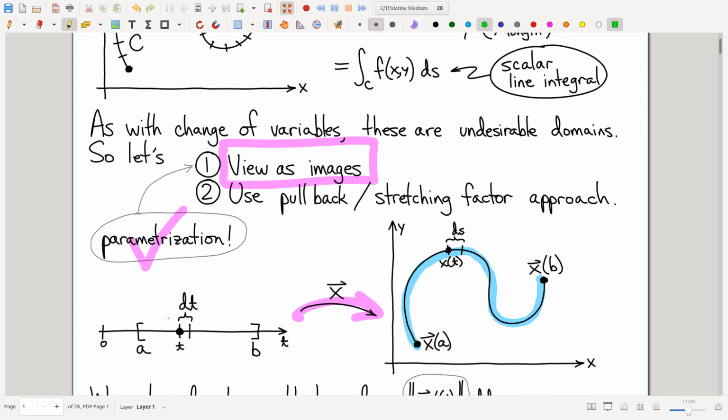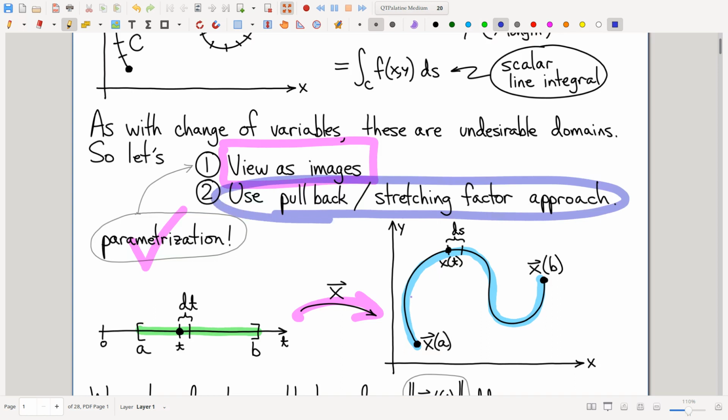Once you have your undesirable domain viewed as an image, then of course we make a pullback argument, and the pullback says I'm going to turn an integral on my undesirable domain into an integral on my pullback domain in green over there. And of course all I have to figure out to make that make sense is what the stretching factor is.